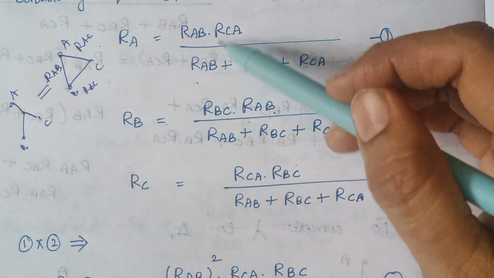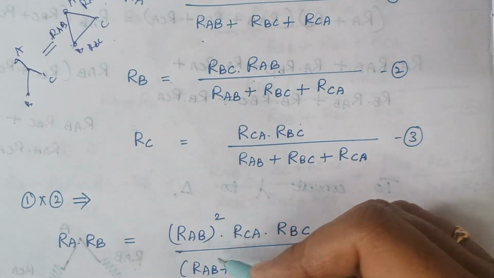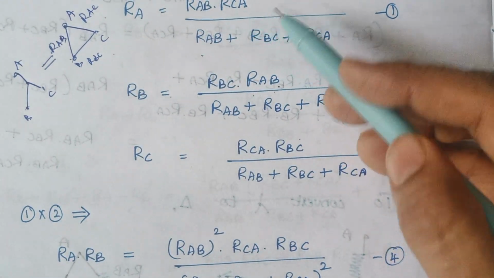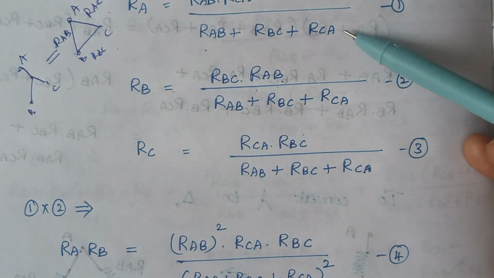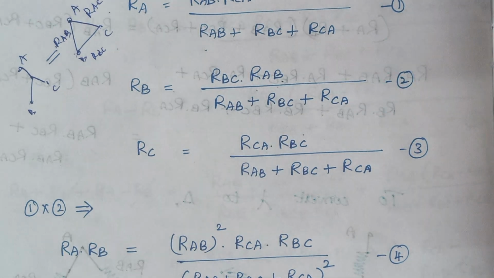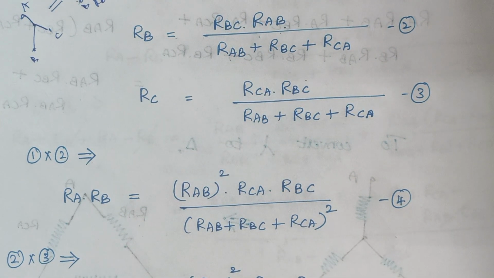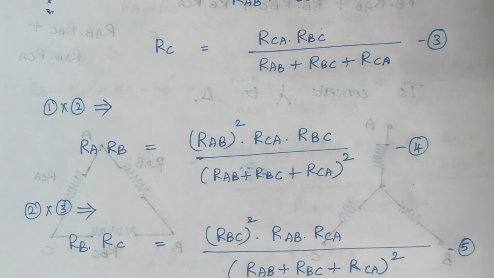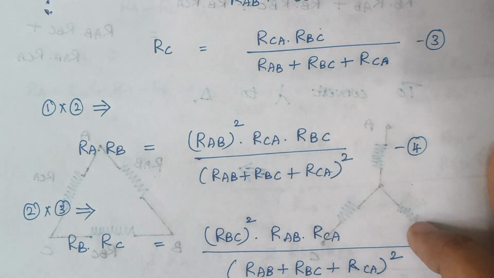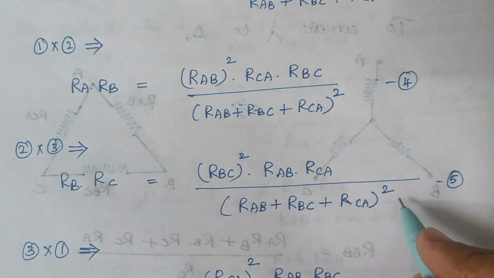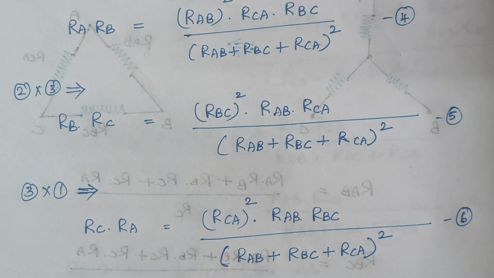So I am writing RAB the whole square and the remaining terms RCA into RBC divided by the denominator, whose terms are the same, so when you multiply it becomes a square. Similarly, do the multiplication for 2 and 3, and finally I have this expression, and for 3 and 1 I have another expression like this.